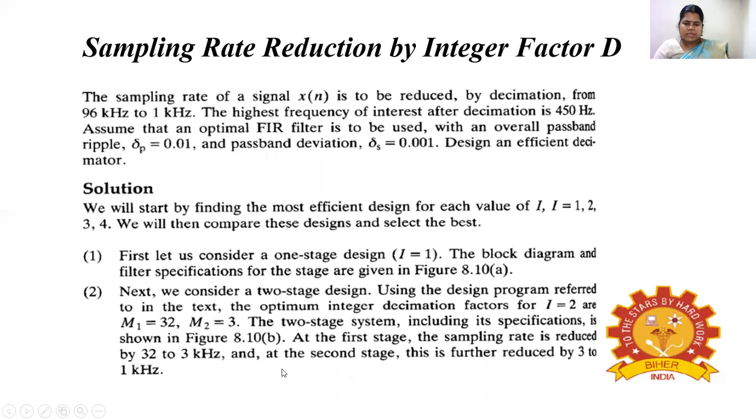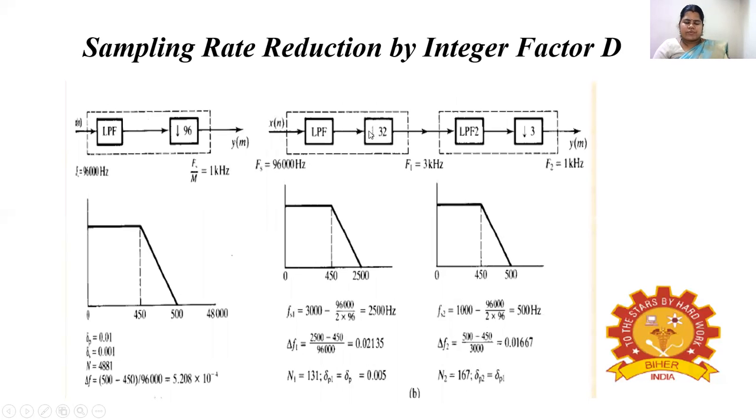In the second stage, from 3 kilohertz, it is reduced to 1 kilohertz. So here the sampling frequency Fs is reduced to 1 kilohertz.